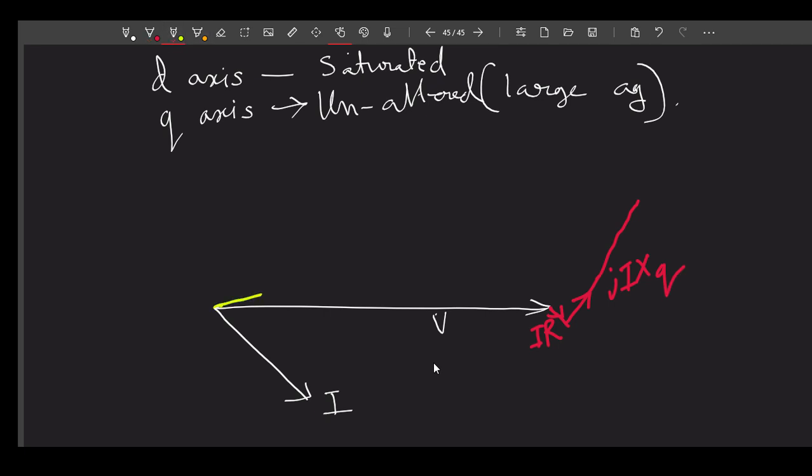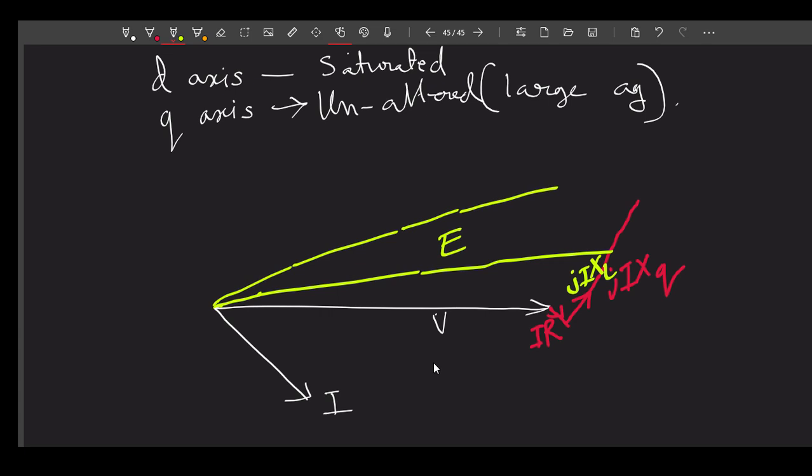while this is our E, that is jIXL, and then, just a minute.